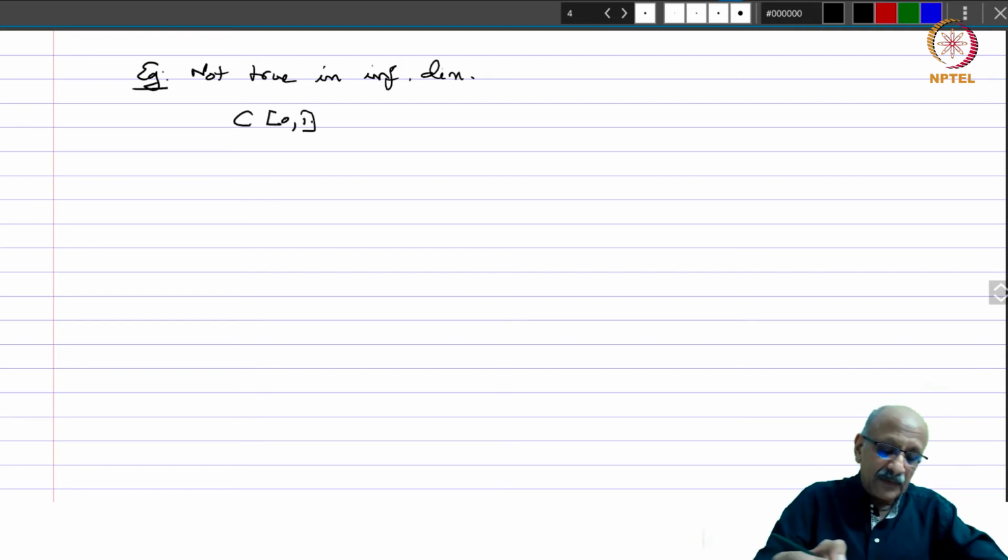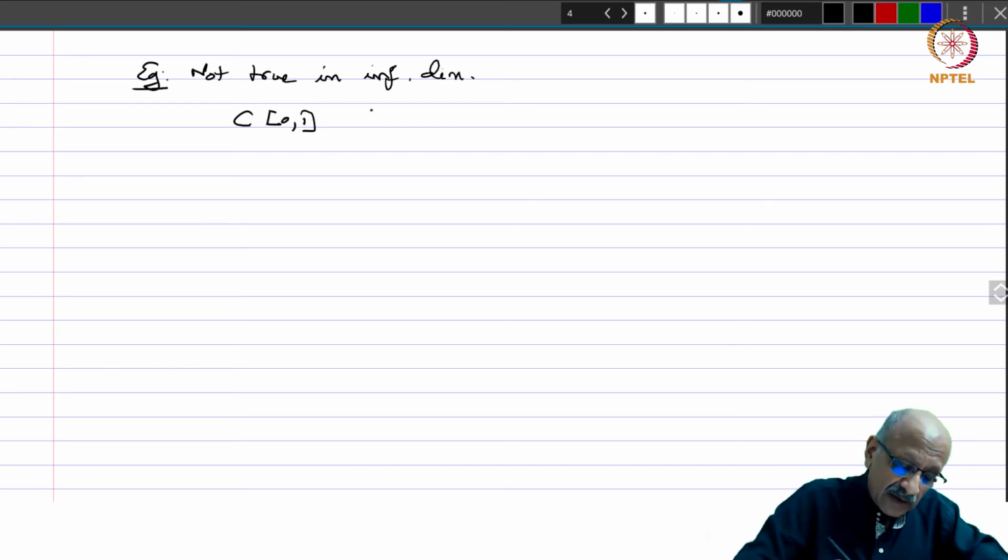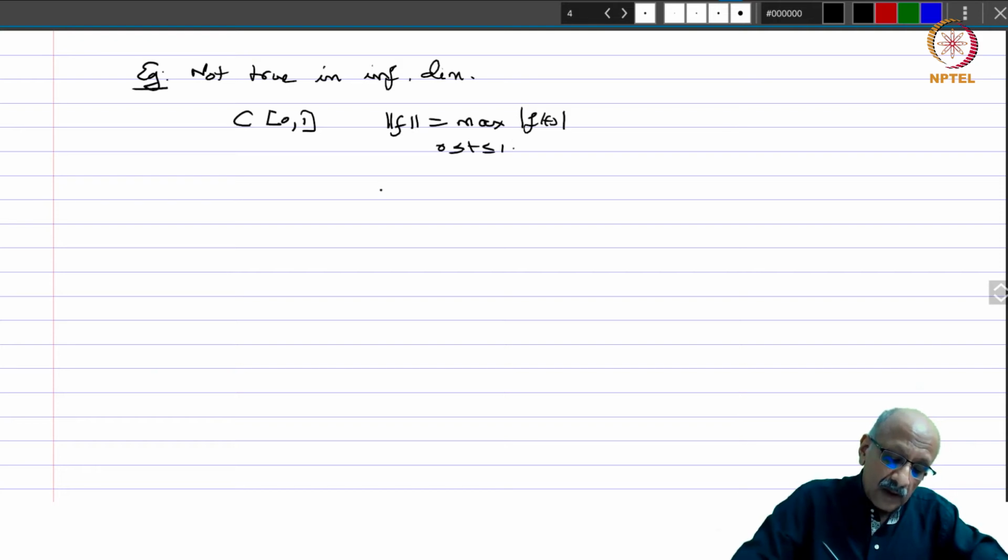We can construct many such examples, but anyway, we have the usual norm. So norm f is max of mod f(t), 0 less than or equal to t less than or equal to 1. Now I am going to define norm f1 here to be the integral of mod f(t) dt.